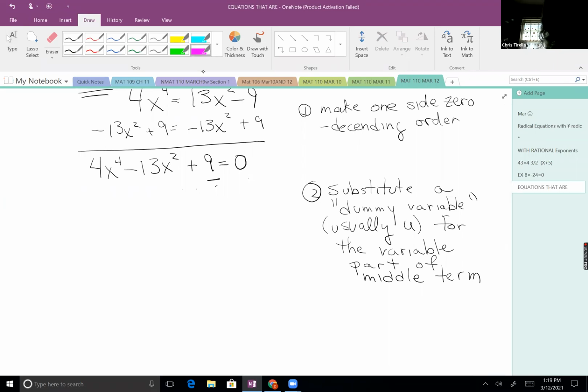Not hearing any complaints. The variable part of this middle term is x squared. So I'm going to let u equal x squared. Well, if u is x squared, wouldn't u squared be x to the fourth?